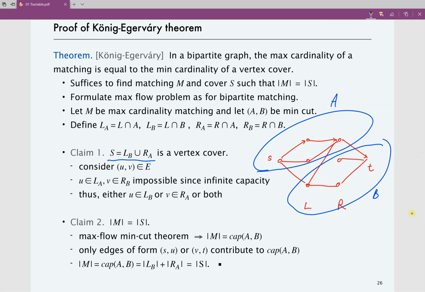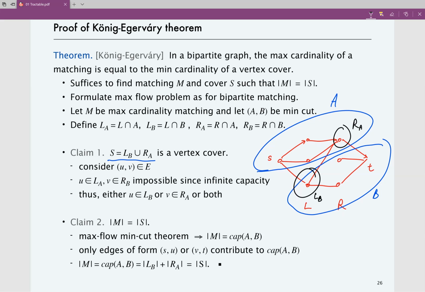This here is LA, because this is the left side of the nodes. I'm sorry, this is LB: the left side of the nodes intersected with the B side of the cut. So this is LB over here, and RA is going to be this.